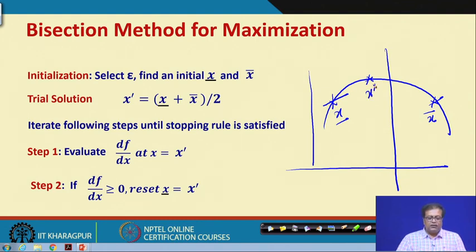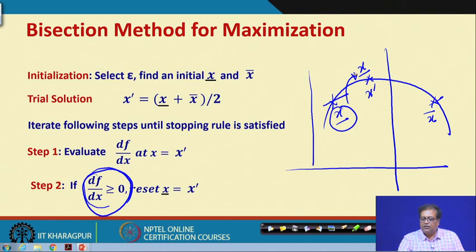Now, look here, supposing the x dash is on the upward slope, that means df dx is greater than or equal to 0. If it is on the upward slope, then this point should really come here. So, this point goes here, that means x dash will now become x underline.